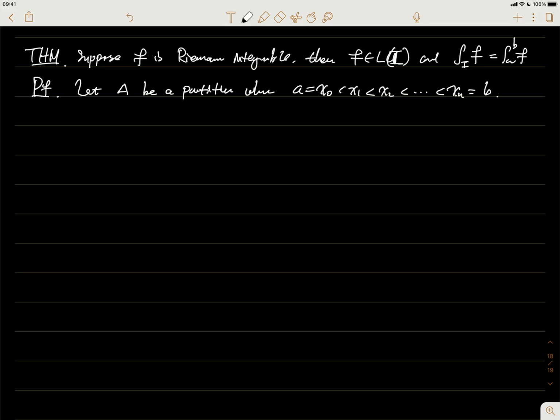Then by Lebesgue theory, we know that the integral of f is equal to the sum of the integrals on each of these pieces, right? Because each one of them is a measurable set. So I can say that it's just the integral over this.